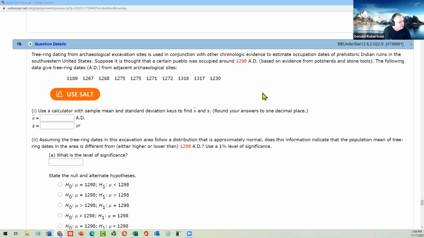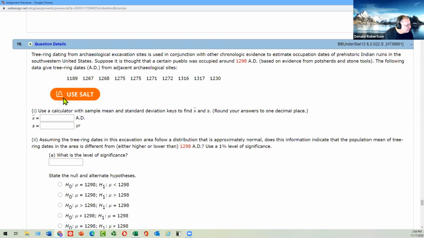Whatever it may be. They thought that this particular pueblo was being used around about 1298. Here is the data that the tree rings came out with, different pieces of wood, and we got this.